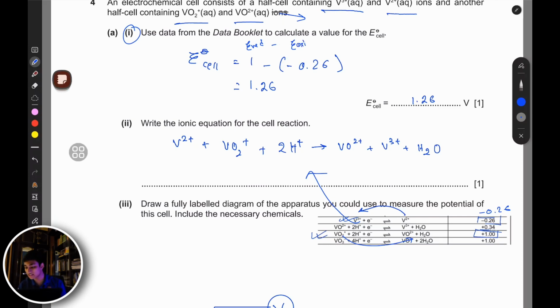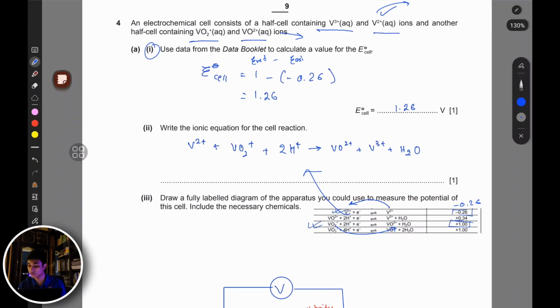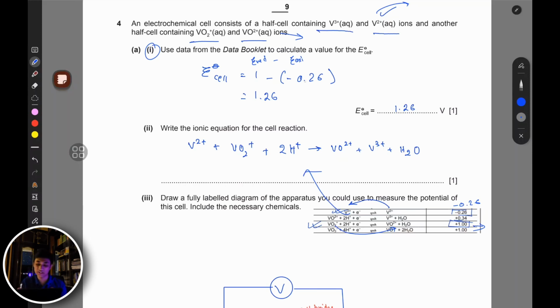Which one is getting reduced? This one, which is positive 1. Which one is getting oxidized? This one, since this is losing electrons, so minus 0.26, and the total value comes out to be 1.26.